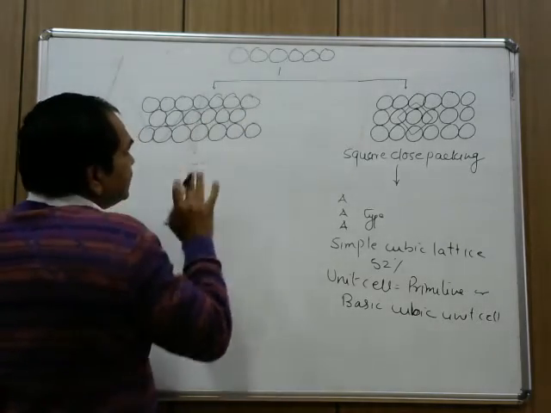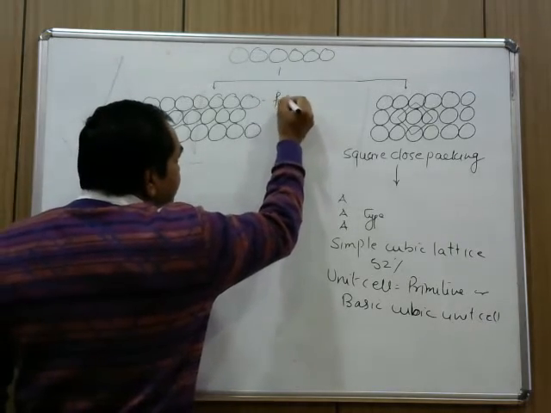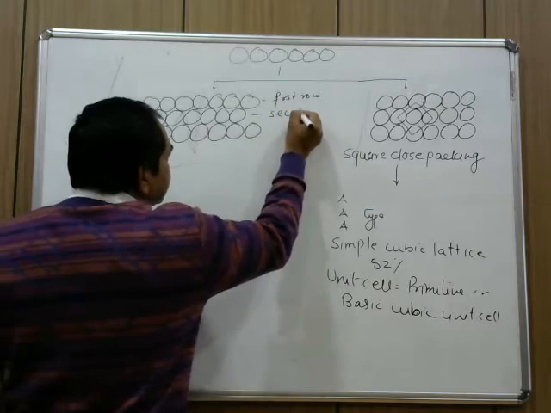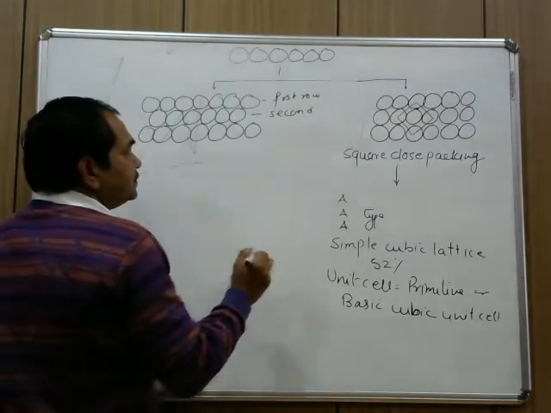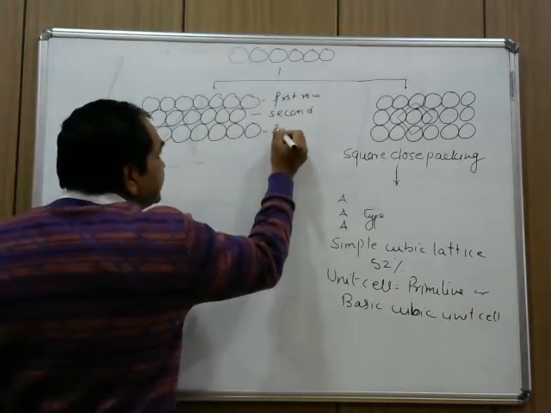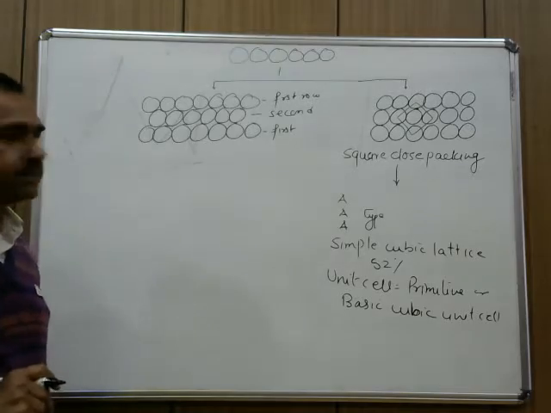This is the first row, this is the second row, and this is the third row, but it is actually aligned with the first row.